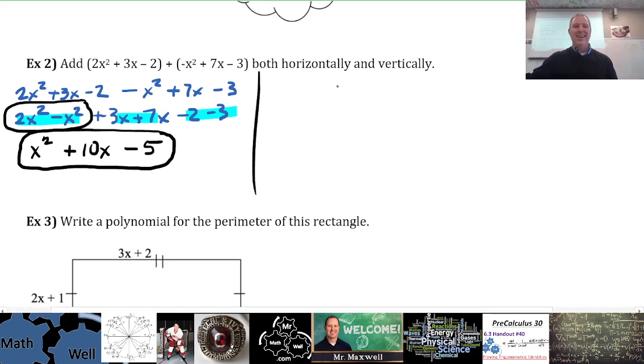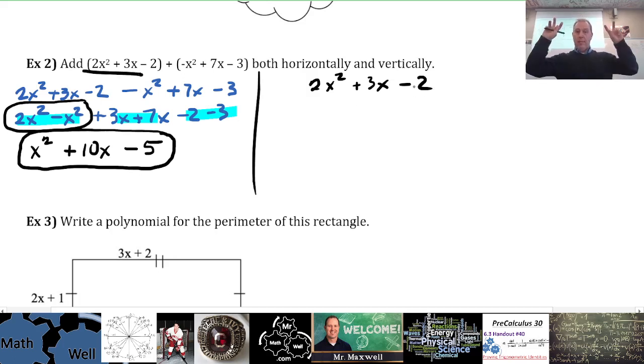Okay. So let's do this vertically. I'll try not to be offensive to you when doing this one. I'm going to do 2x squared plus 3x minus 2. I'm going to write the first one kind of on top, and I'm adding, so I'll put a little plus sign over there. Now I have to make sure that I rearrange my terms if I need to, so that the like terms are in columns.